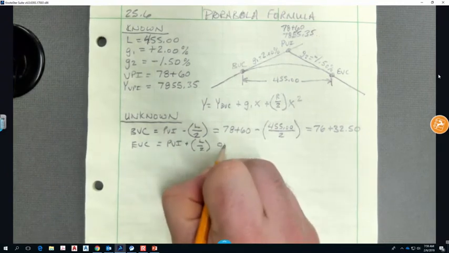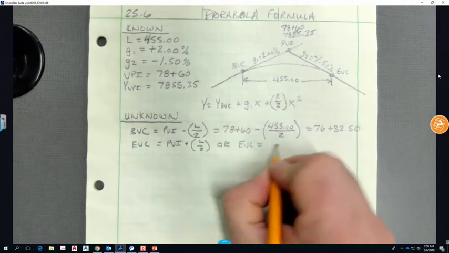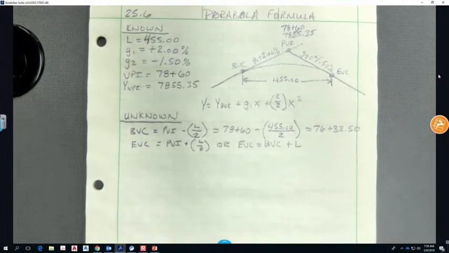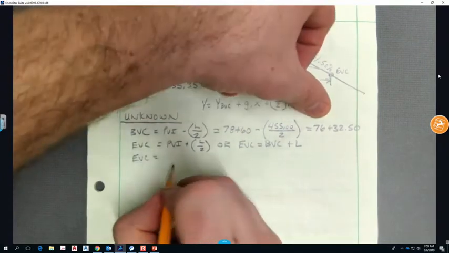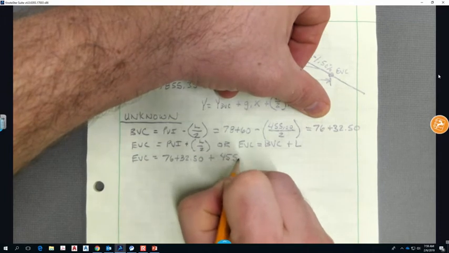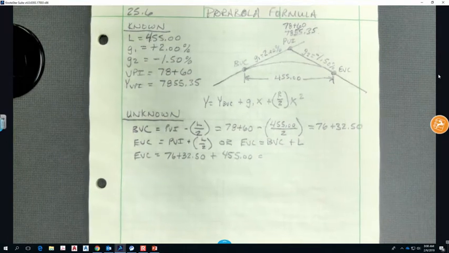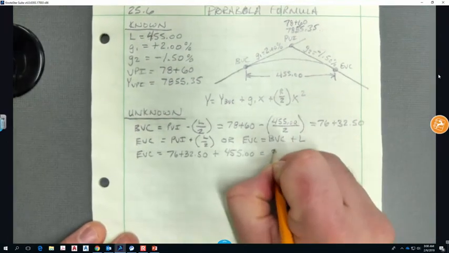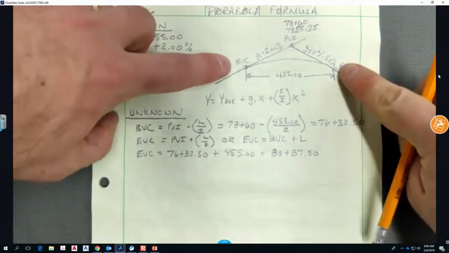Okay, or it can be the EVC is equal to BVC plus L. So either way, our EVC, I'm going to do this way, is the BVC, 76 plus 32.50 plus 455. And that should equal what? 80 plus 87.50. Okay, so we just solved our stations.